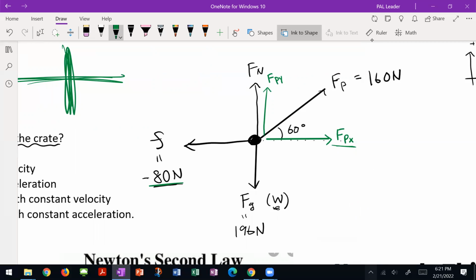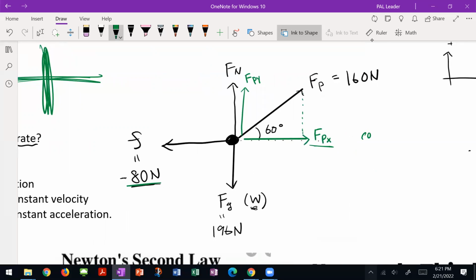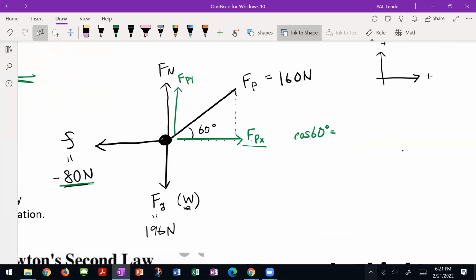So this is using trig, Fpx. We have a triangle here, meaning we can use trig. It'd be cosine. So I can say that cosine of 60 degrees is, using SOHCAHTOA, adjacent over hypotenuse.